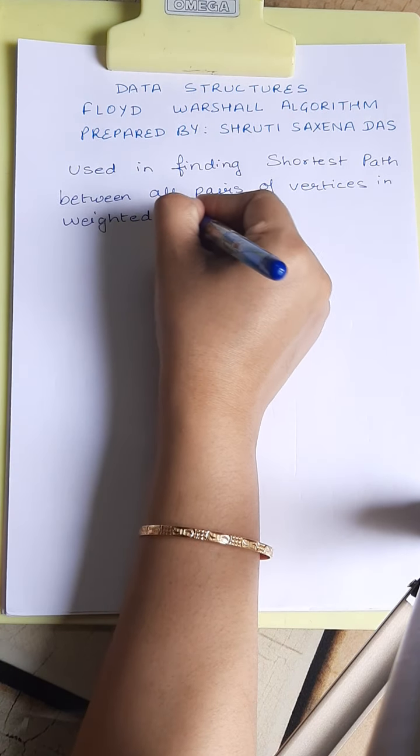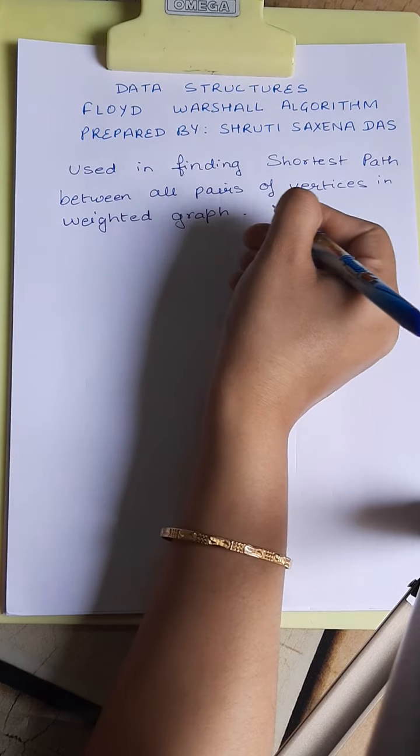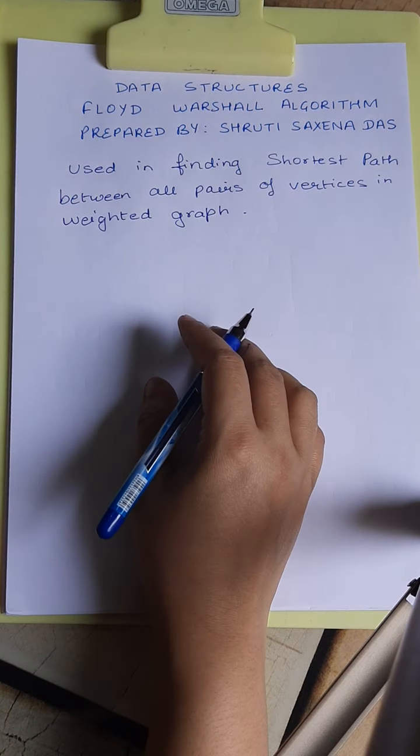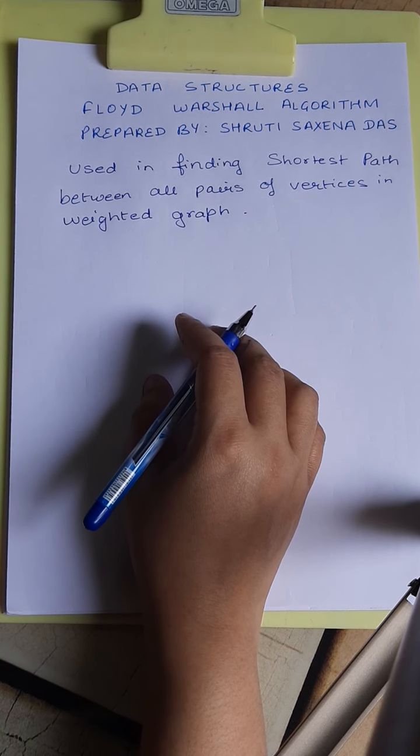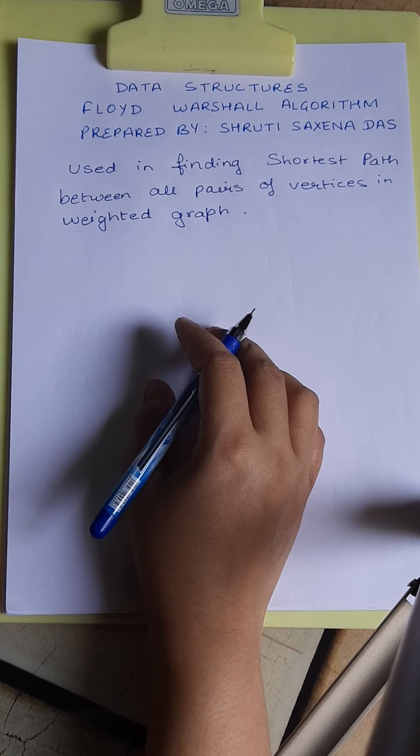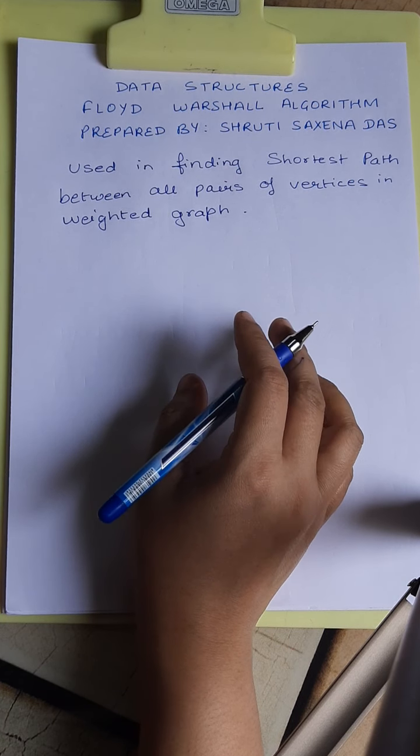Weights are necessary as we are going to calculate shortest path, and shortest path we cannot calculate without weights on the edges. So weights are necessary, and it works both for directed as well as undirected graph.